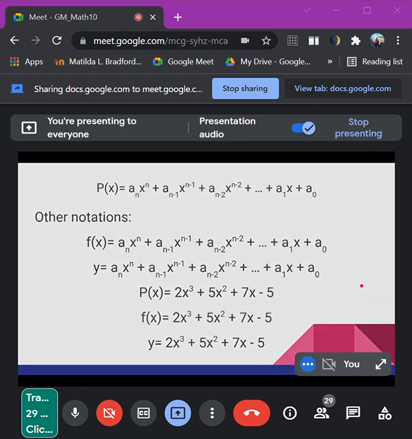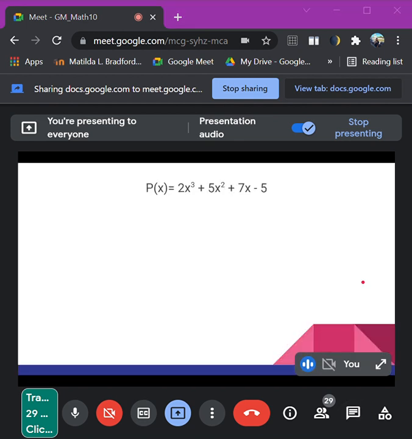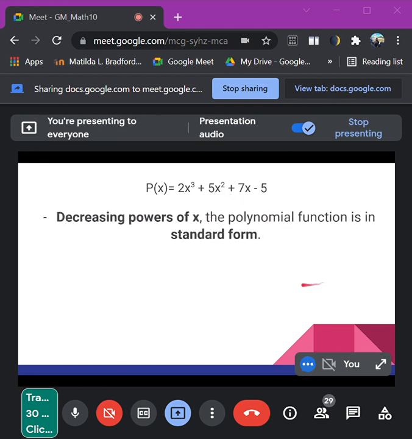Now, let's go to our example. We have p of x equals 2x cubed plus 5x squared plus 7x minus 5. If the powers of x are decreasing, then the polynomial is in standard form. When we say decreasing, it goes from the biggest to the smallest power. When we say power, that is your exponent.